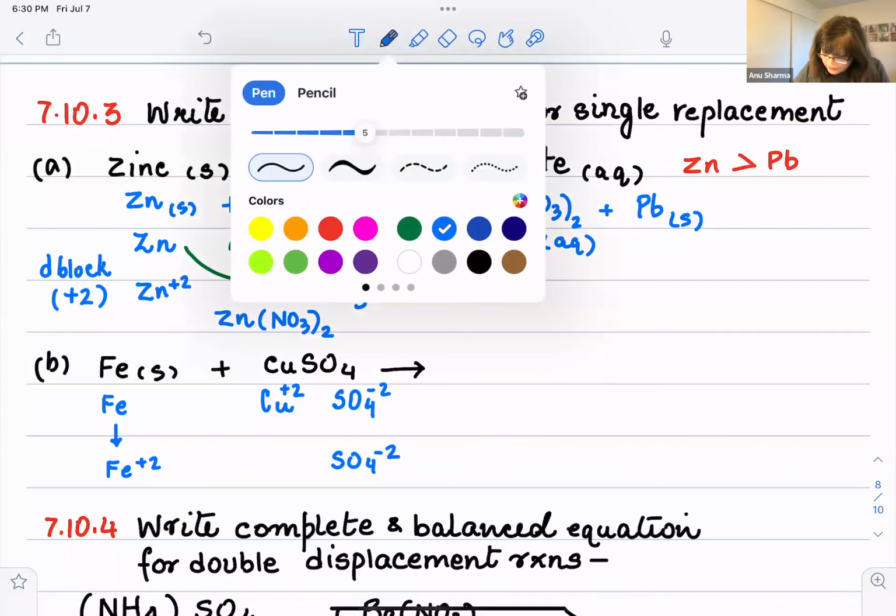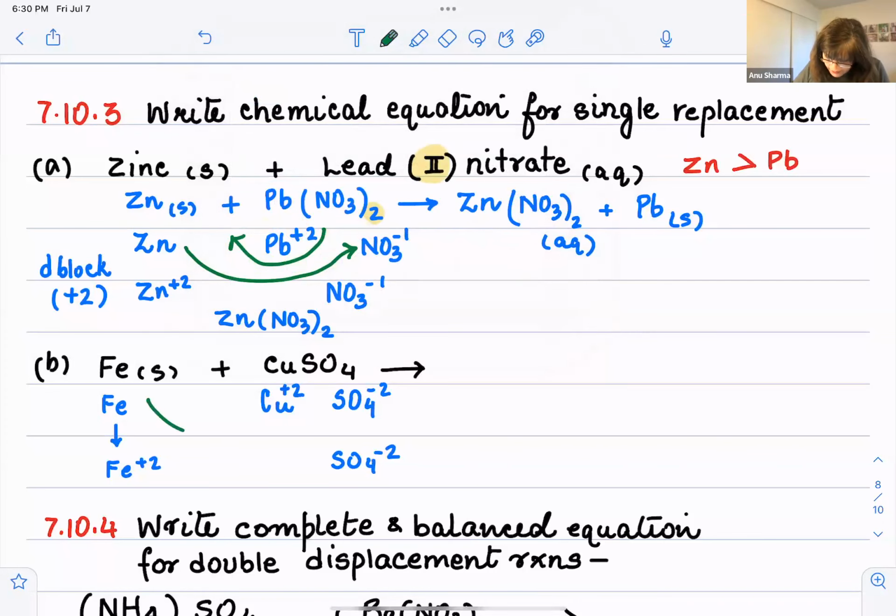So iron is going to break the bonds of copper and sulfate. It will combine with sulfate, and copper is going to be released. So in that case, iron and sulfate will combine. What are they going to form then?